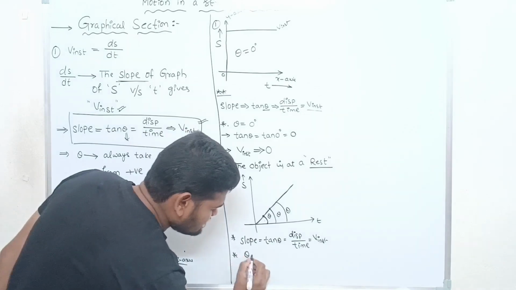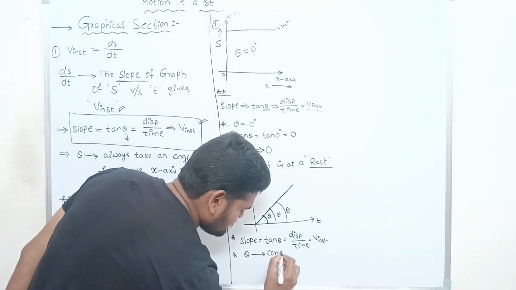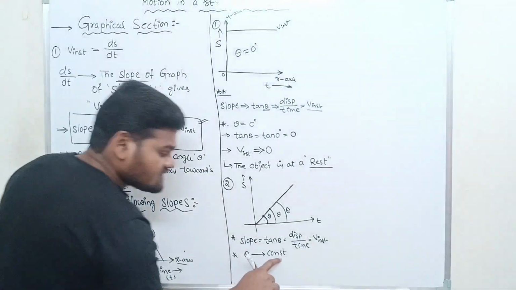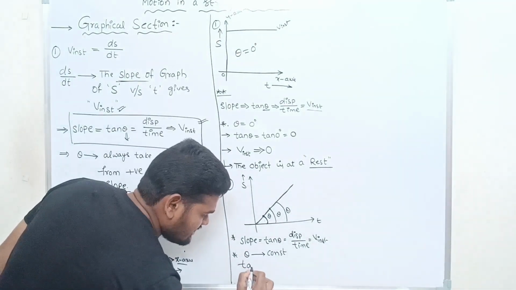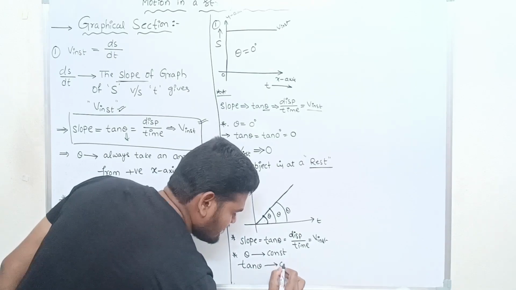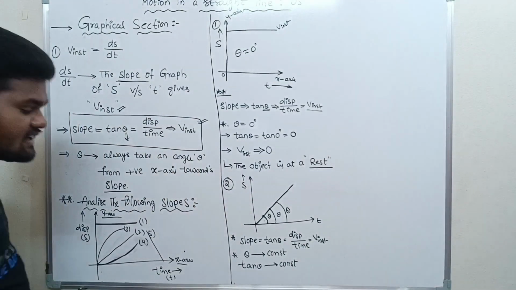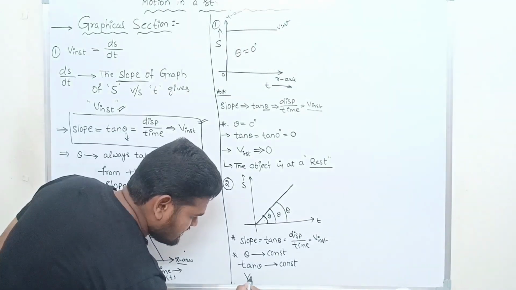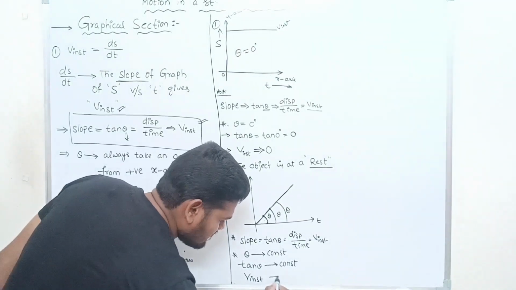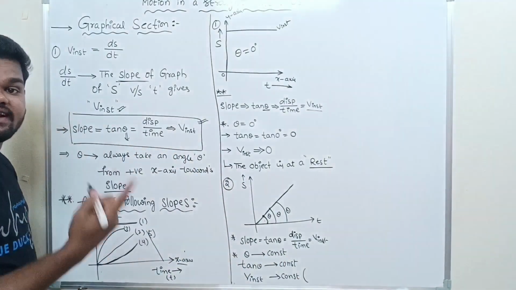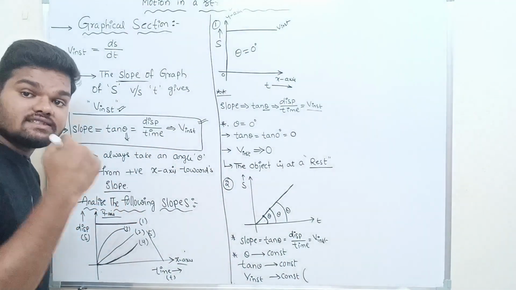That means theta is constant. If theta is constant, then tan theta is also constant. If tan theta is constant, then instantaneous velocity is also constant. The velocity of the object is constant.